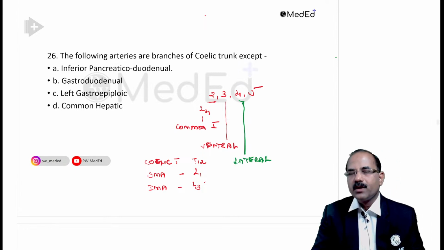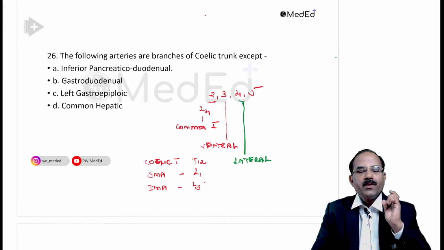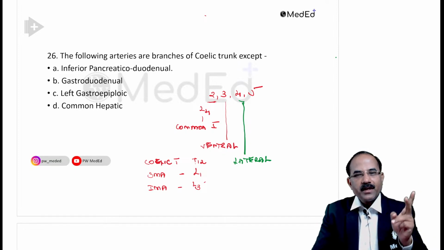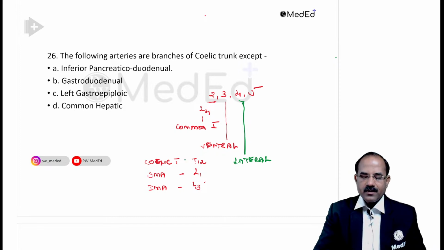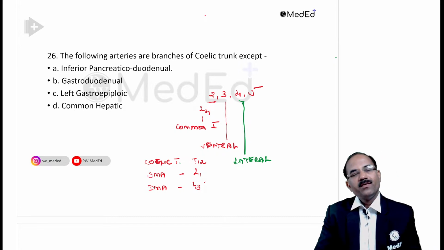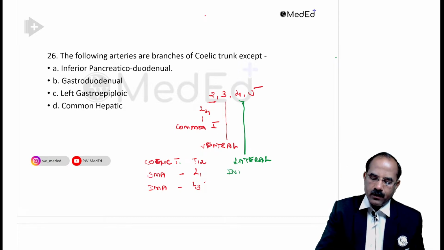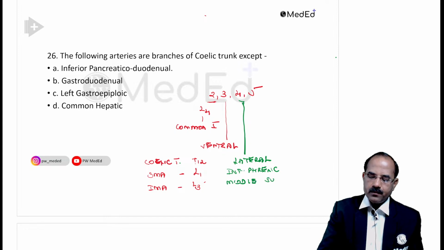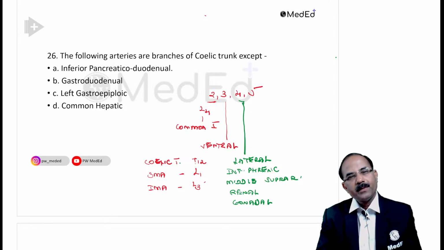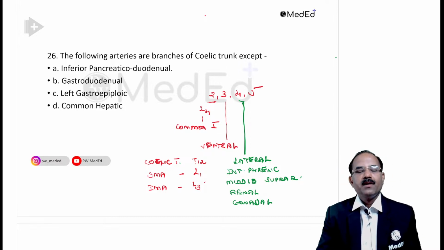Students, these MCQs are very important. So lateral branches are inferior phrenic, middle suprarenal, renal and gonadal.